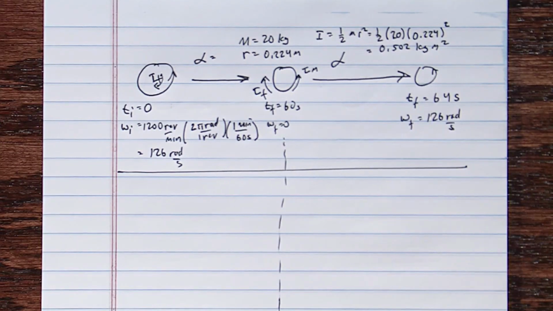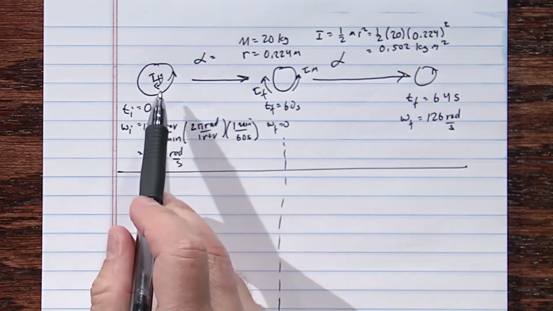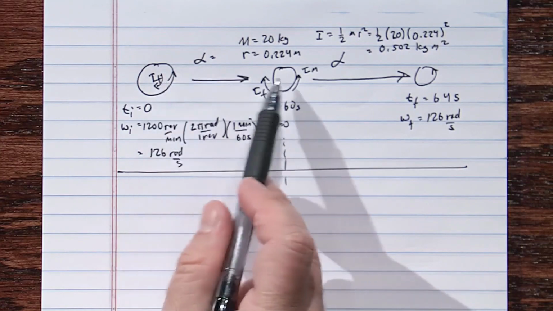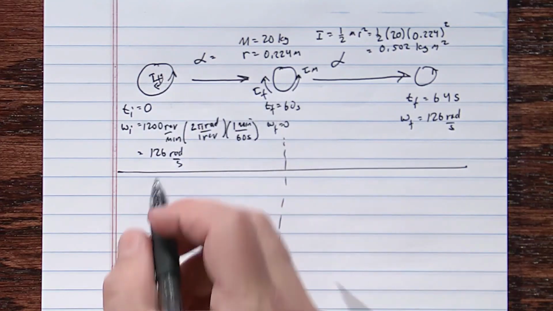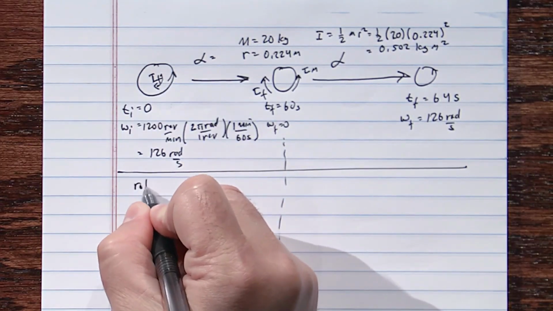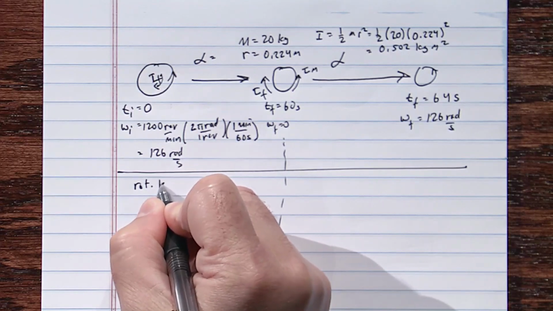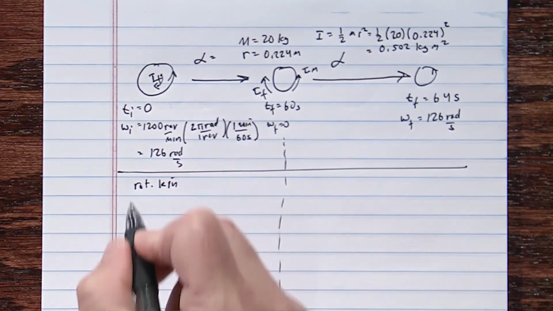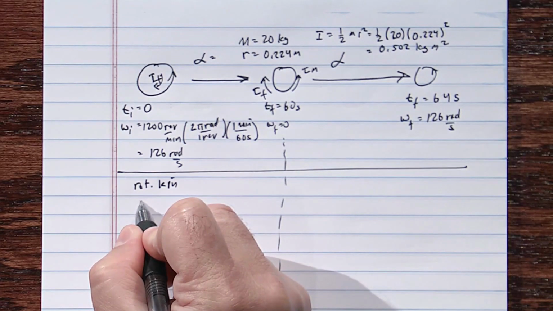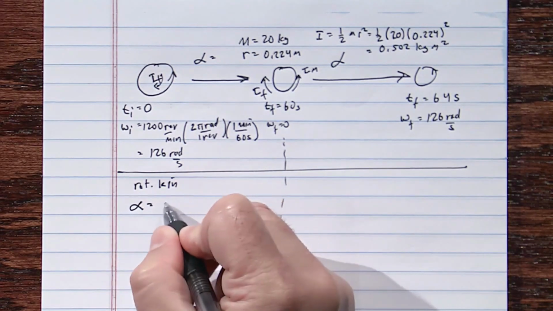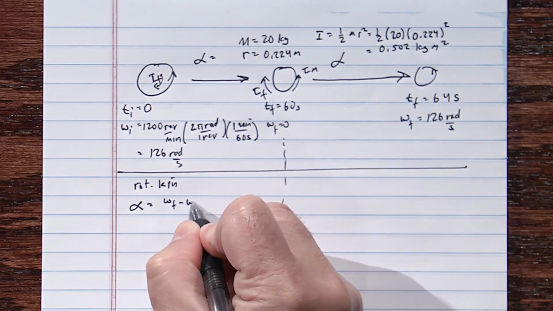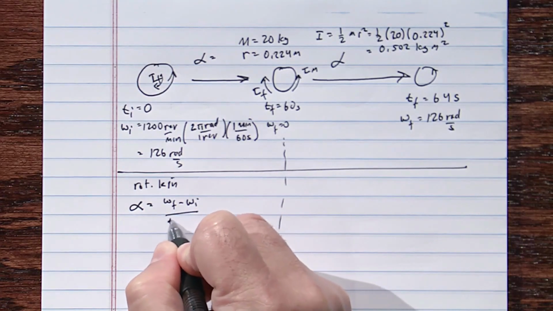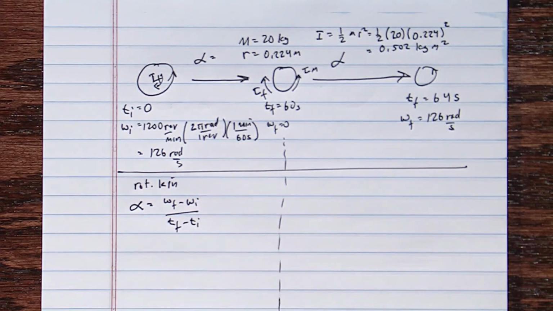Okay, our first task is to calculate the angular acceleration of the wheel from here to here. So that is a rotational kinematic question, which we will write with angular acceleration is equal to omega final minus omega initial over t final minus t initial.